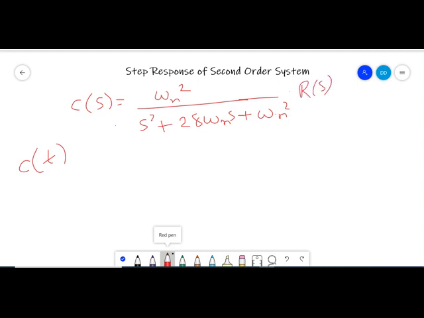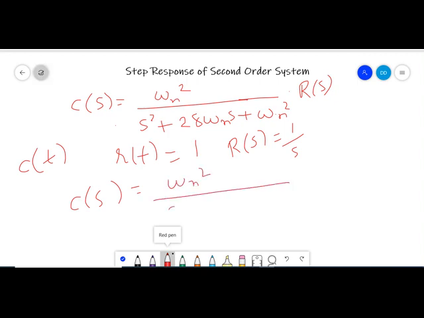R of t is 1 for a unit step input. Therefore, R of s is equal to 1 by s. So we can write C of s as omega n square divided by s square plus 2 delta omega n into s plus omega n square into 1 by s. Now we will consider the 4 different cases: undamped, underdamped, overdamped and critically damped cases.